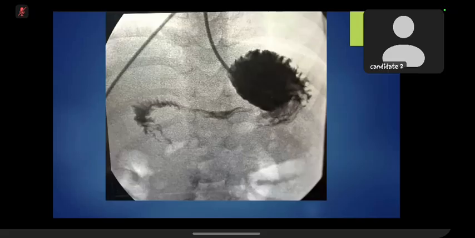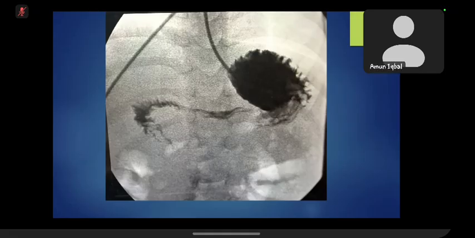Showing there is a contrast, a regular contrast accumulated at the lower part of the, I think, esophagus, because I see the chest ribs.